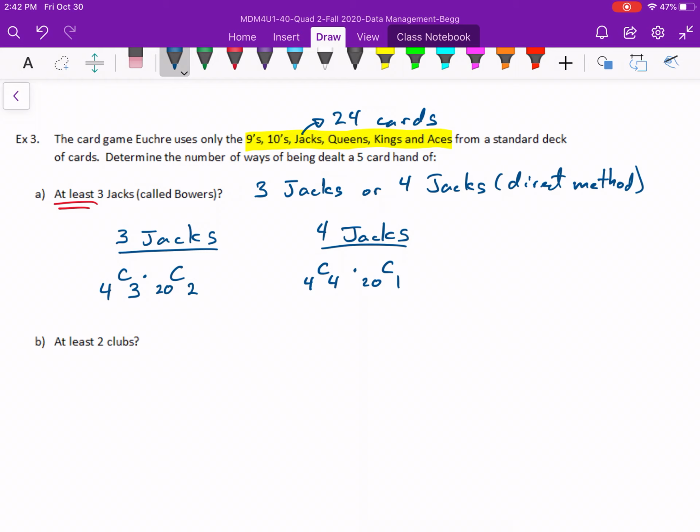Either I can get 3 jacks or I can get 4 jacks. I can't get both at the same time. So what I have to do then is add together the 2 different possibilities. It's this or that. That's the rule of sum for mutually exclusive events. So I can put this in my calculator.